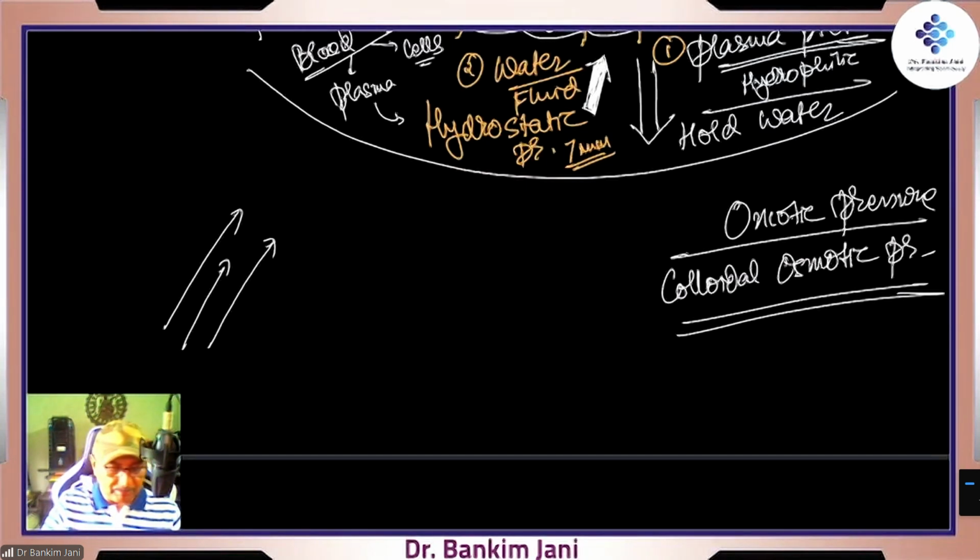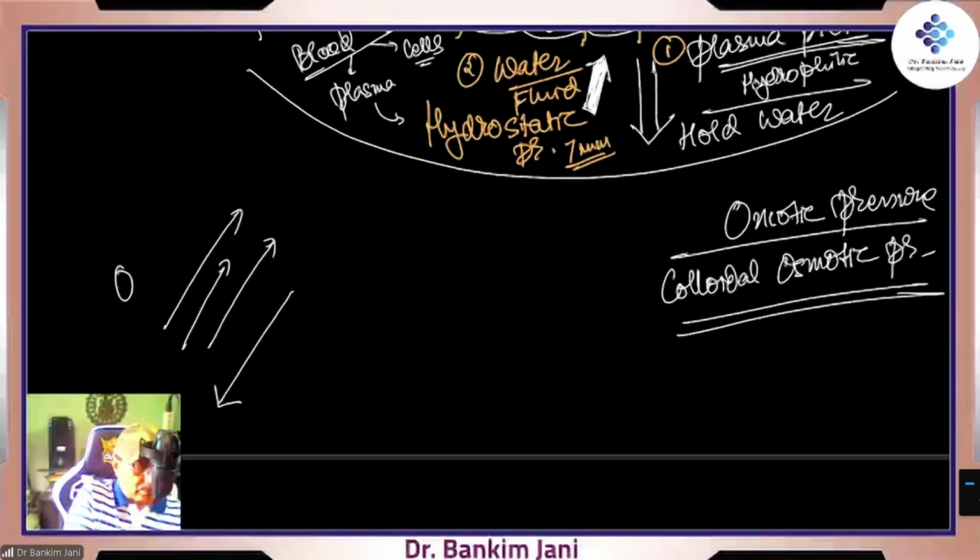And there is only 1 pressure which is behaving against them, which is telling that no, fluid should not go into the lungs. Because if the lungs are loaded, they themselves will be drowned in the fluid.